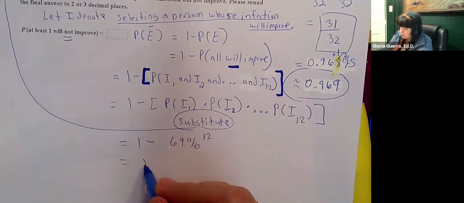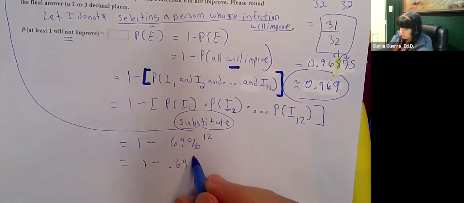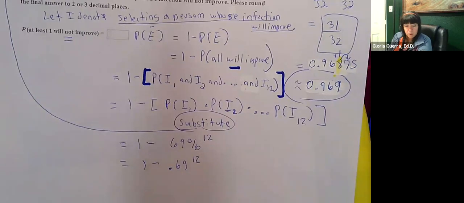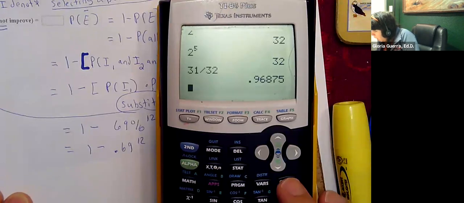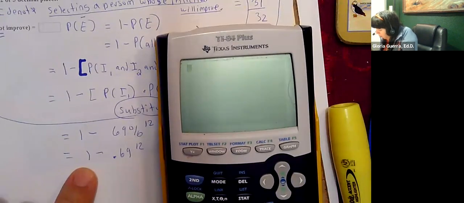This is 1 minus 0.69 to the 12th power. By calculator, that would be 1 minus 0.69 raised to the 12th power.